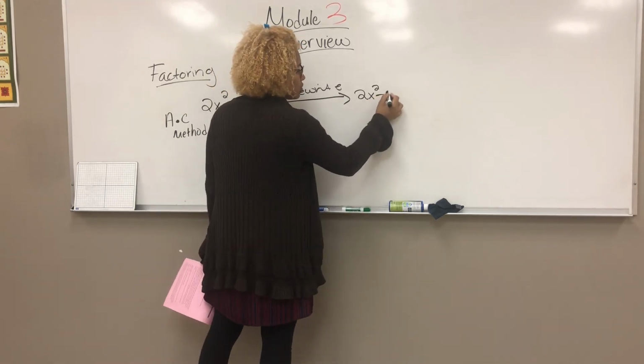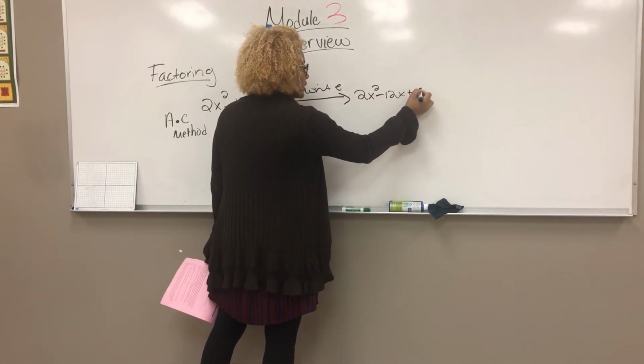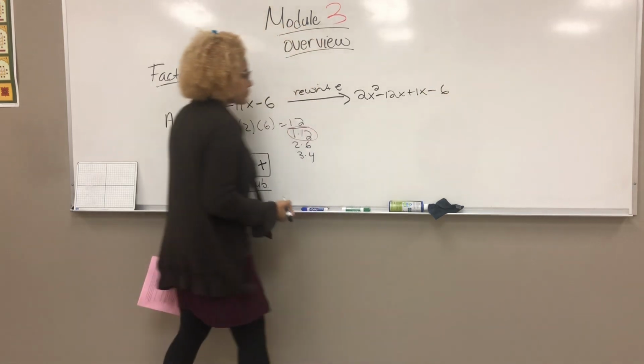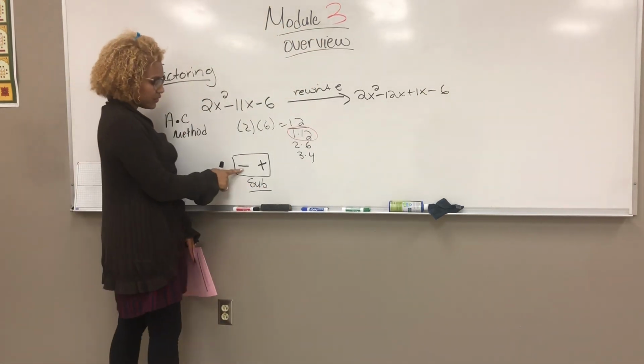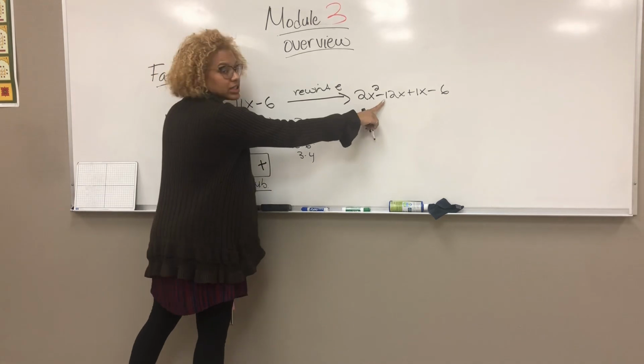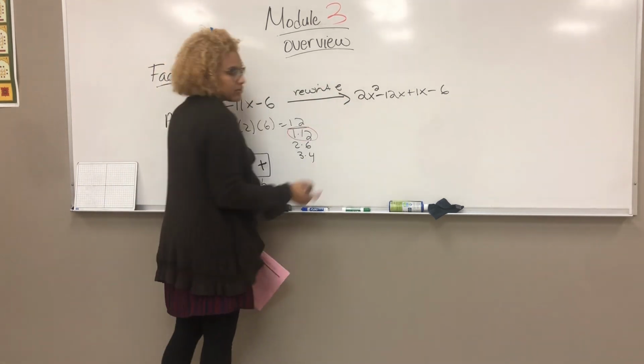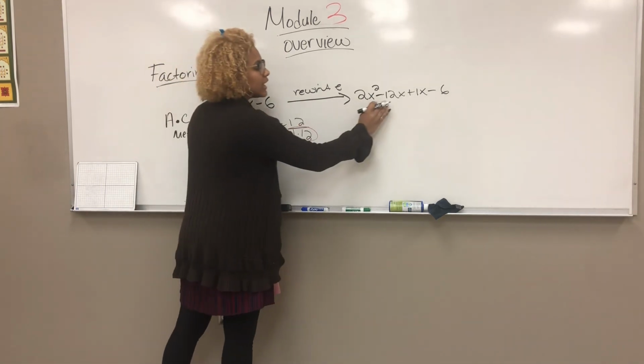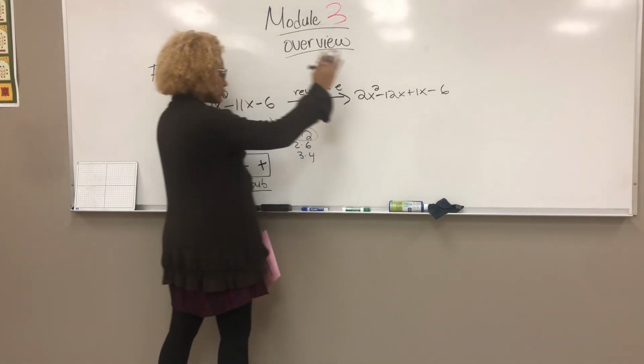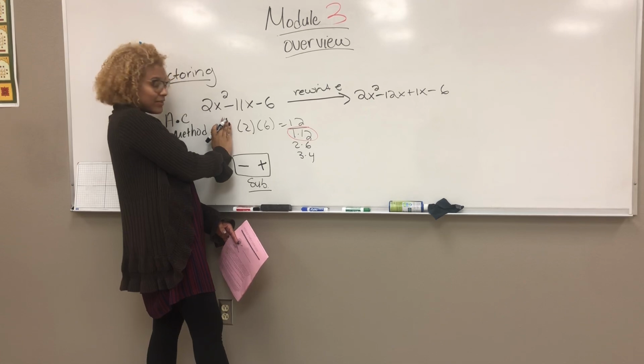Minus 12x plus 1x minus 6. So the first one has to be negative, which is a negative 12. The second one has to be positive, which is positive 1. You have to check. Negative 12x plus 1x, does that give you negative 11x?